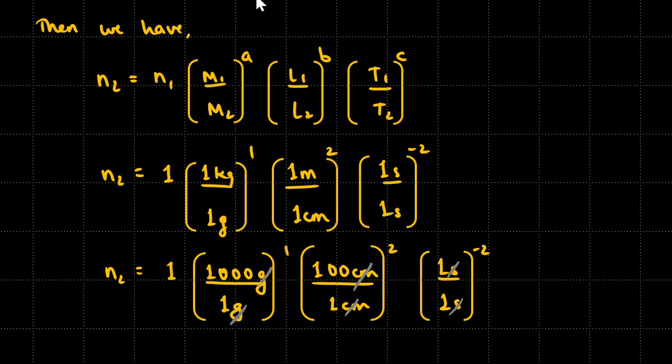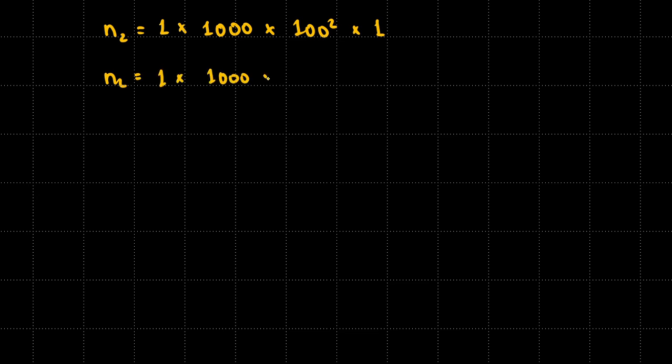Now it's just easy calculations. N2 will be 1 times 1000 times 100 squared. When multiplying 100 into 100, instead of 2 zeros there will be 4 zeros.